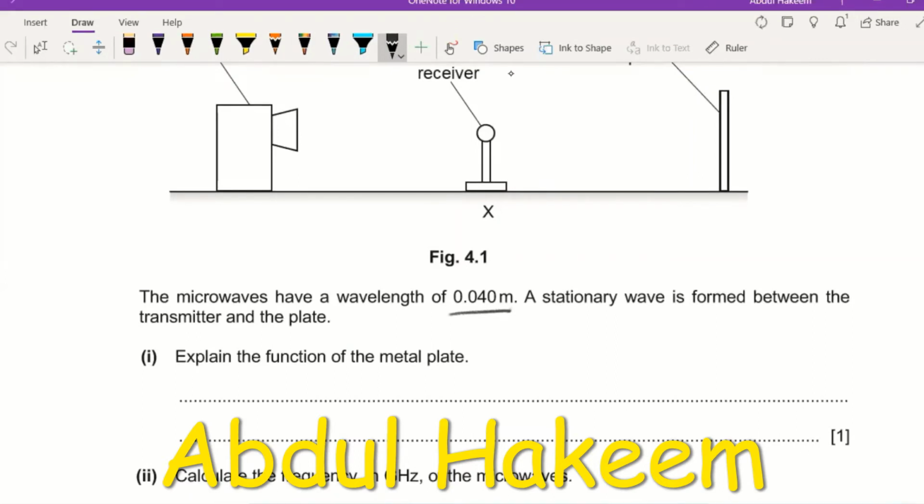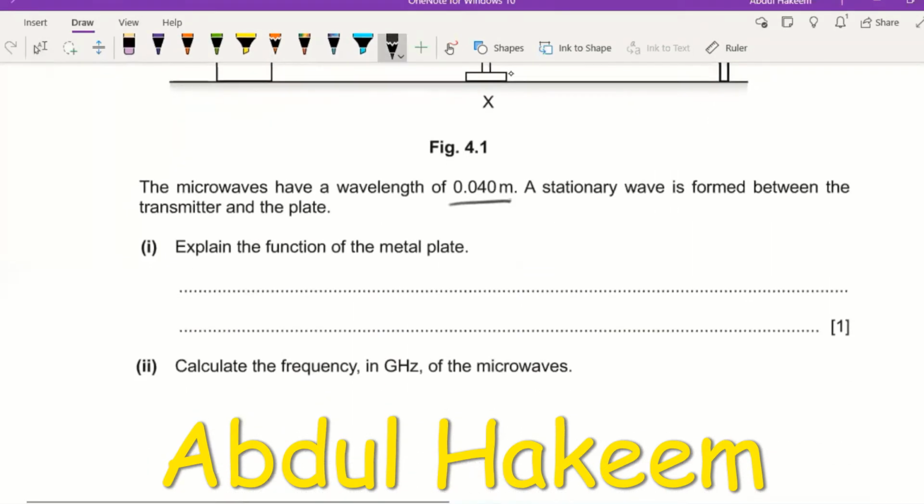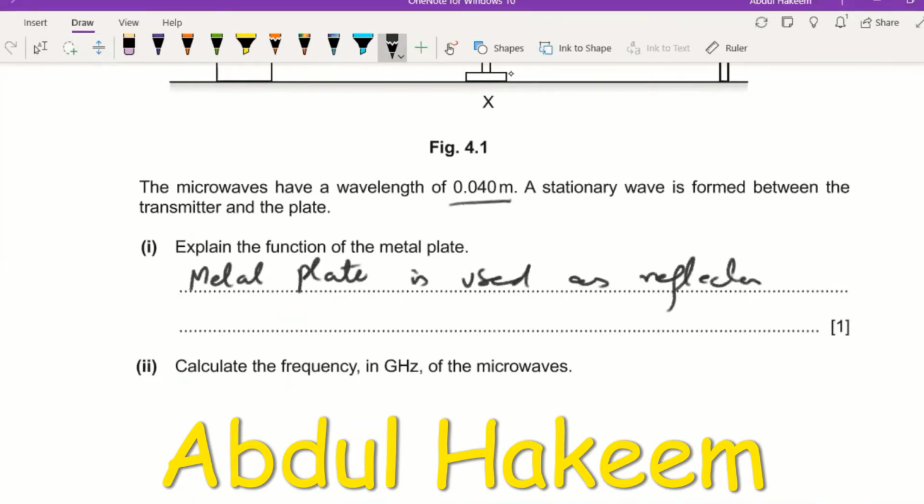Explain the function of the metal reflector. So sorry, metal plate. So metal plate is used as reflector for the microwaves.